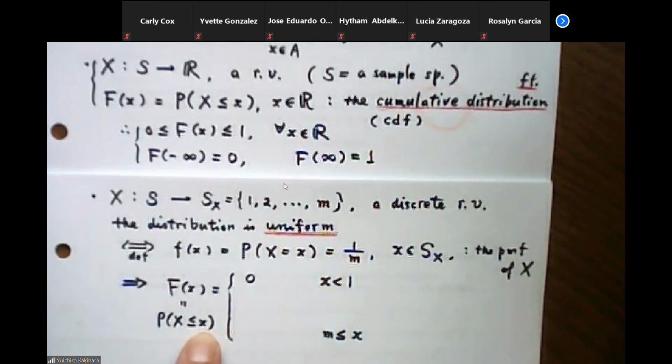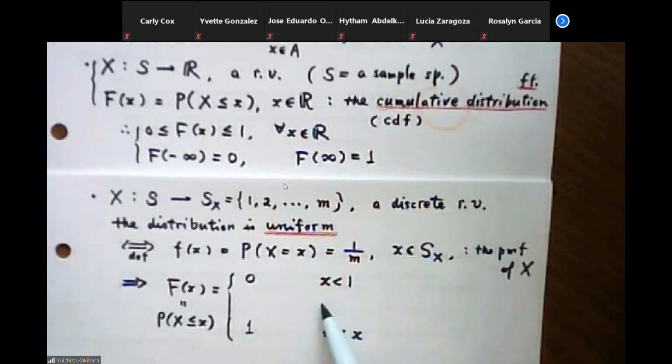For instance, if x is m plus 1, then this inequality is true all the time. That means this probability is 1. If m is smaller than or equal to x, then this probability is 1 all the time. And then we have to think about between 1 and m.